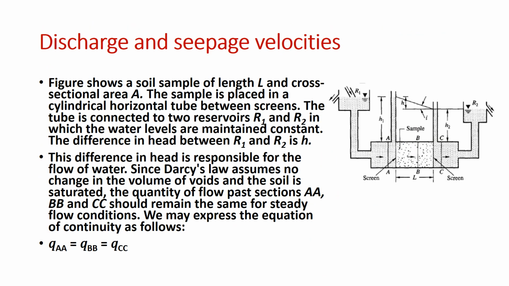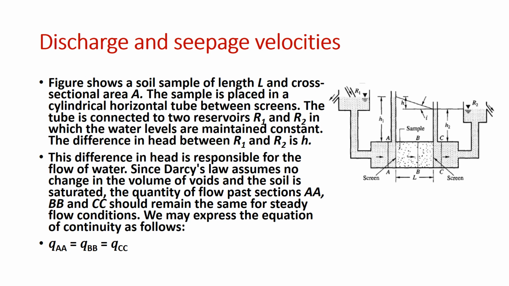Now we can do the discharge and seepage analysis for the seepage velocities. In this figure you can see there are two reservoirs, R1 and R2. There is a head of H1 here, and a head of H2 here.